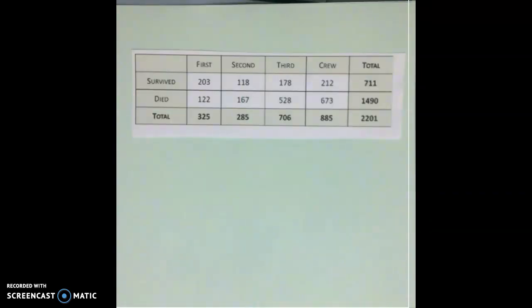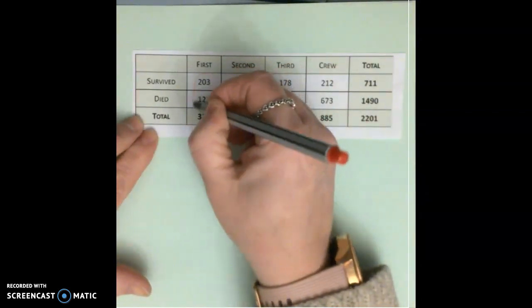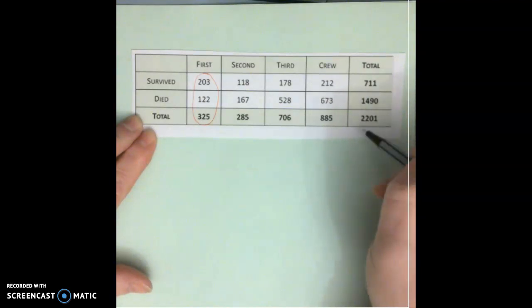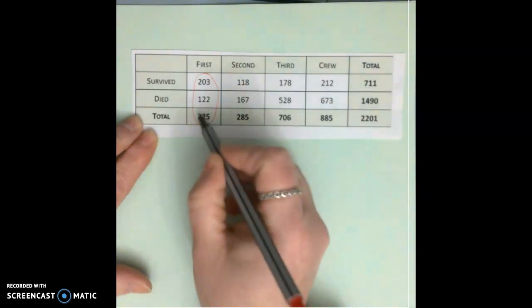Let's have a look at another example. So the question for this one is, how many people survived given that they were in first class? So again, you're starting with a category. You're starting with the people who are in first class, so that is all these people. So you're not interested in this total here, you're interested in this total here.